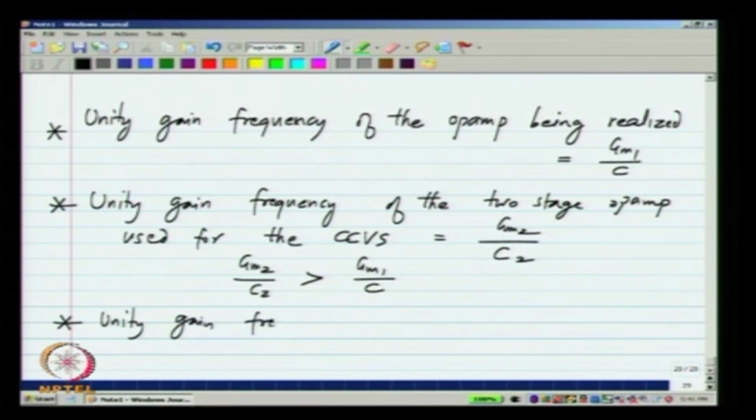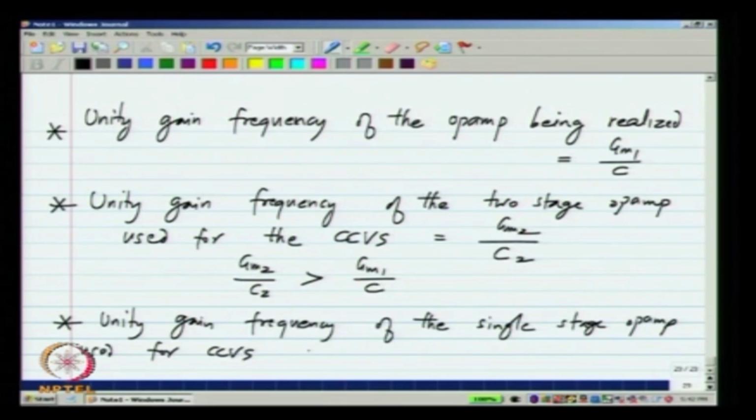So, the unity gain frequency of the single stage op amp used for the current control voltage source in the two stage op amp equals GM3 by CL. Okay.